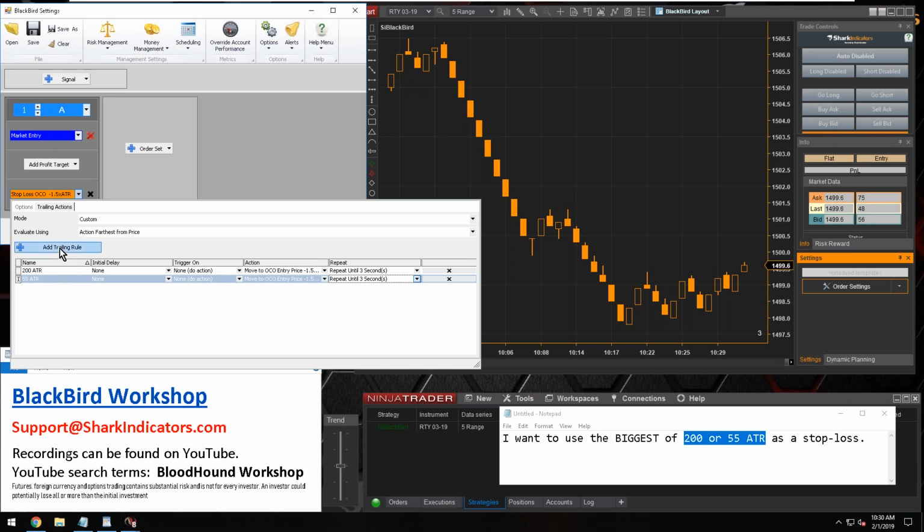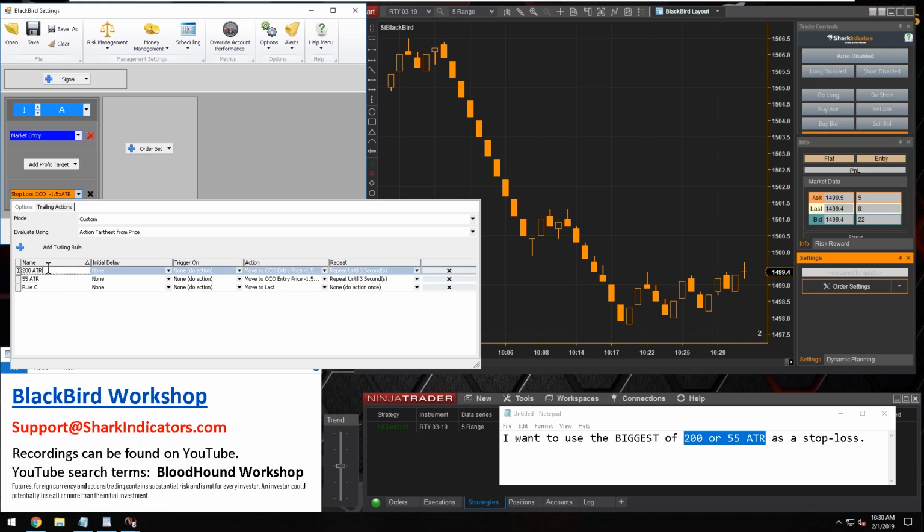And then, if we wanted to, we could add another trailing rule here. So at this point, if you wanted to create some trailing rules that are actually going to literally trail the stop loss, keep in mind that this 200 period and this 55 period isn't actually trailing.